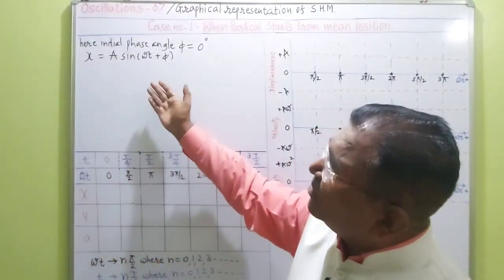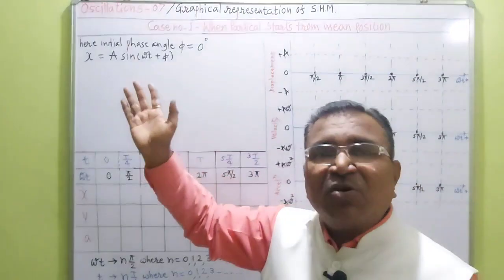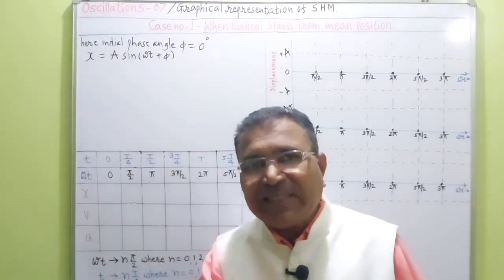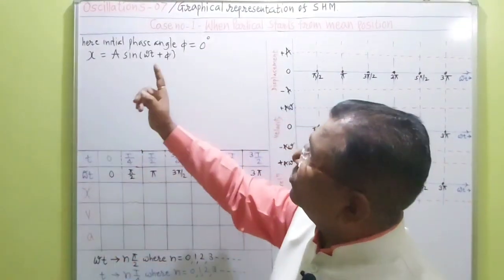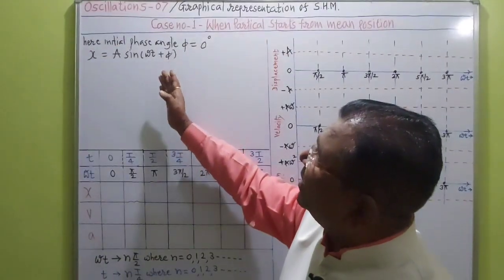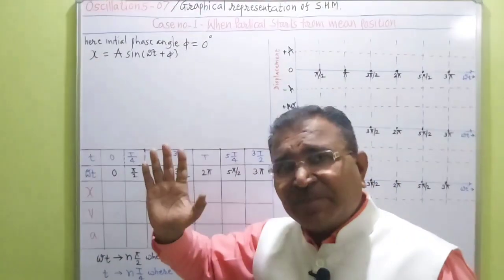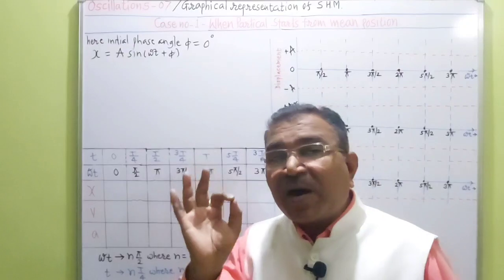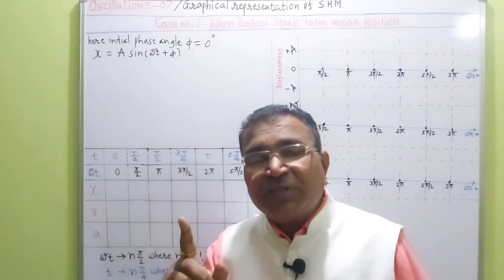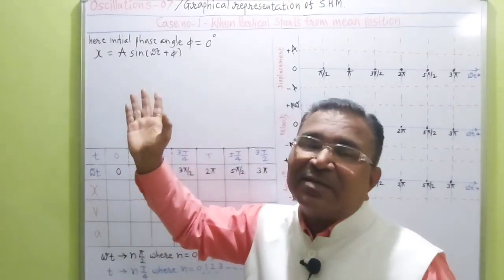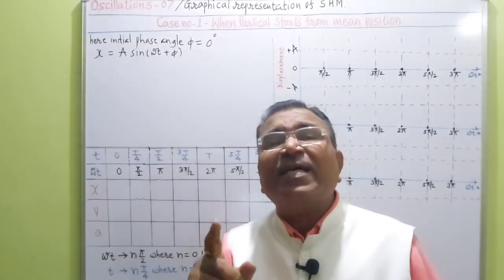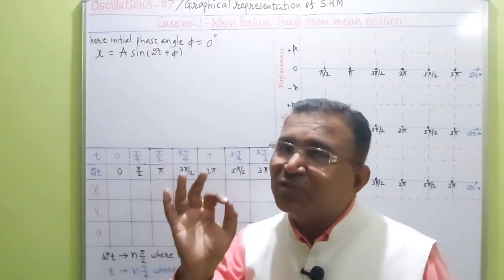So we know this equation of displacement: x is equal to capital A sine of omega t plus phi. But when the particle starts from the mean position, the initial phase angle phi is equal to 0 degree.